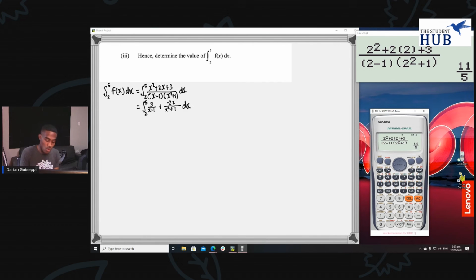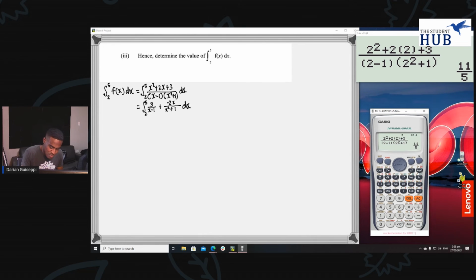You convert this big, complex rational-looking fraction into the two simpler partial fractions that we found in the previous question. So that's what we have here. These two are simpler, right? It's simpler to integrate them, and that's what we do now, just integrate.